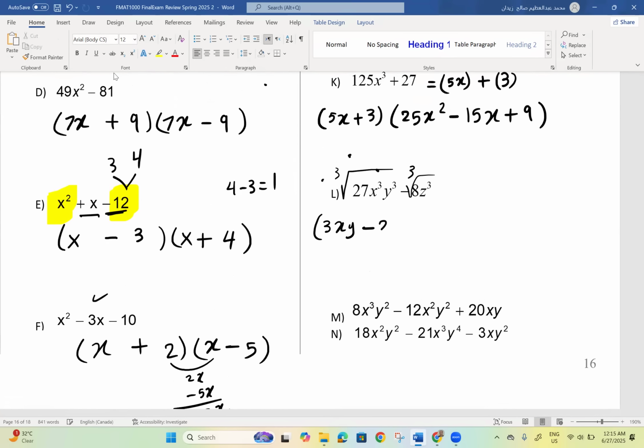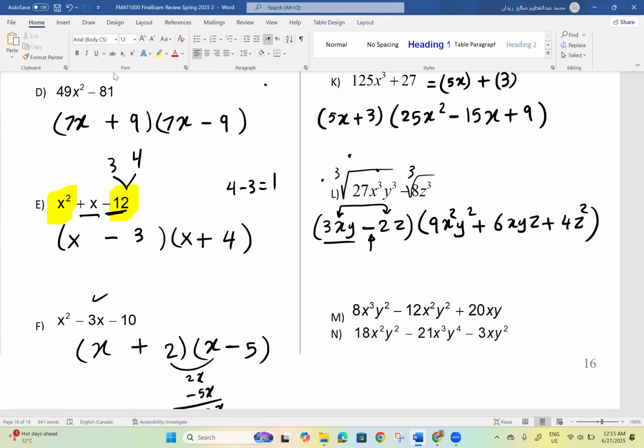Minus cube root of 8 is 2z. And after that, square the first term, 9x squared y squared. Change this sign to a plus. Multiply the first by the second, so it's 6xyz. And finally, square 2z is 4z squared. That's it. Very nice, very easy.